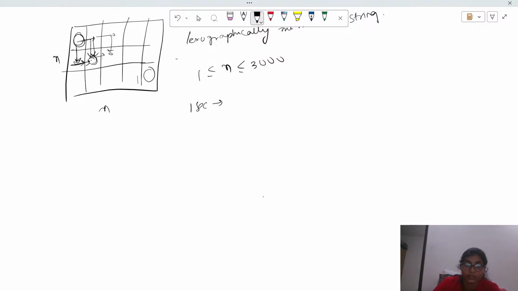So as time limit is 1 second, we can do 10 power 8 operations. So we can go until n square log n time complexity. And the space complexity, can we store a string everywhere?